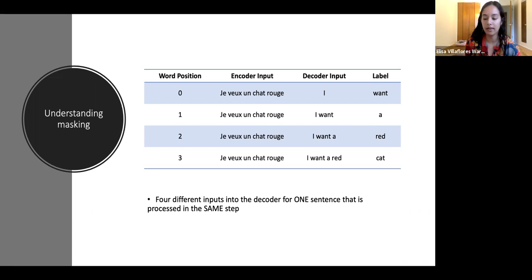Yeah, I guess what it's kind of saying is, if I gave the model I want a red, the model has to figure out a red what? The label could be a red dog, it could be a red hot dog. But it also gets the whole sentence, in some encoded, vectorized form.